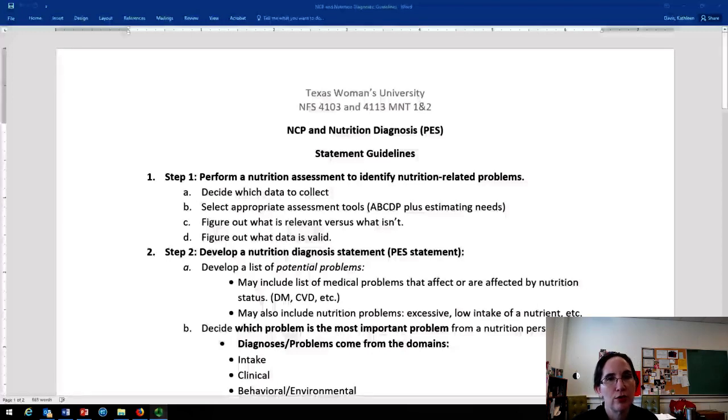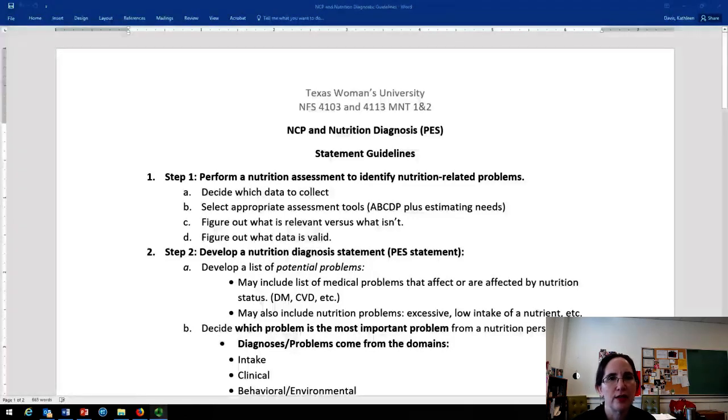You might also note particular nutrition problems that you identified during your exam, like low intake overall or low intake of a particular nutrient. Once you've looked at these overall problems, you're going to decide which problems are the most important from a nutrition perspective.